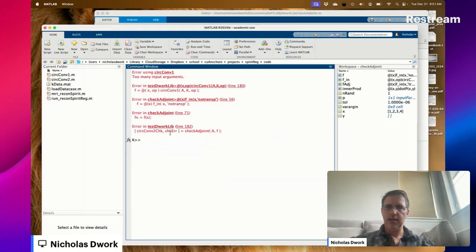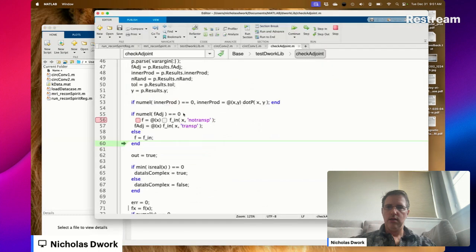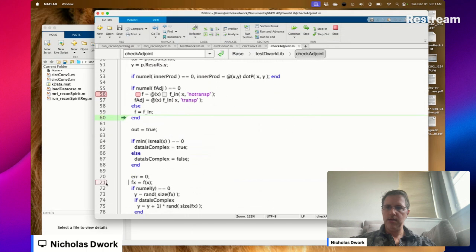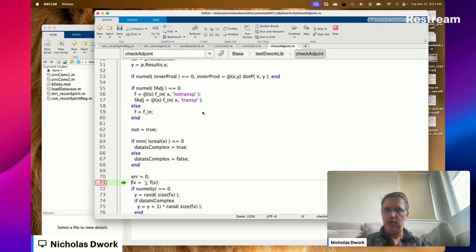So why is it giving me this error at line 56, let's see, line 180, line 71?